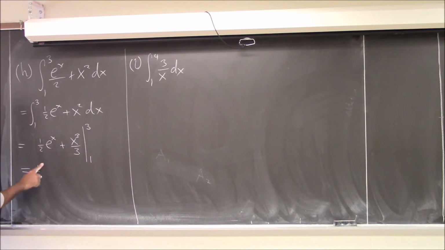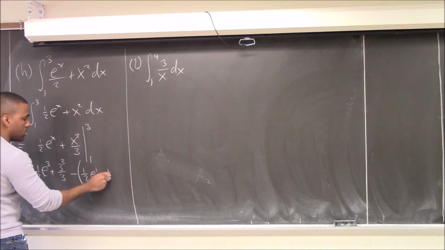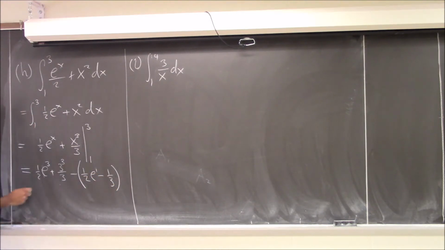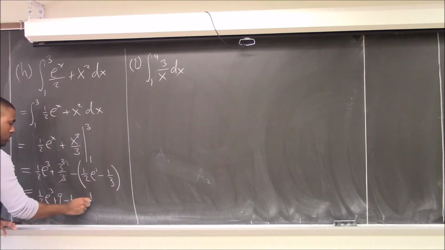Here you'll notice that the parentheses are actually pretty important. Minus parentheses, plug in the 1 for x everywhere. So that becomes 1/2 e cubed plus 9 minus 1/2 e plus a third.